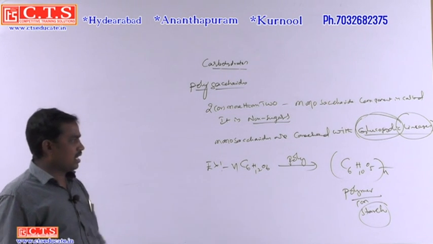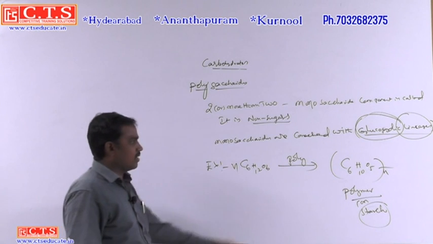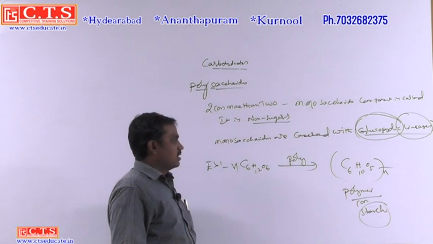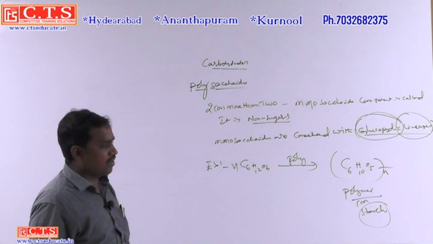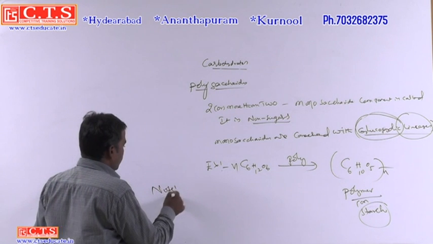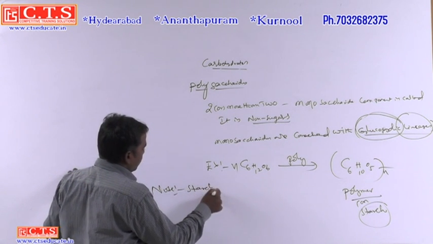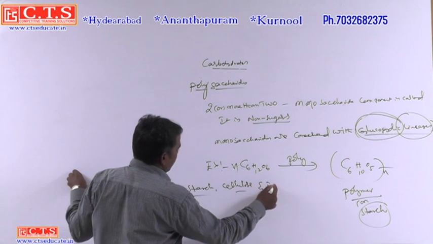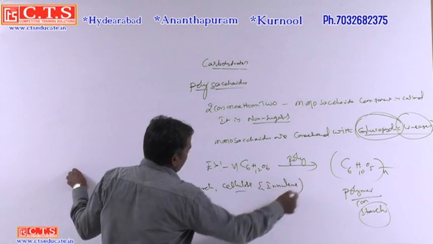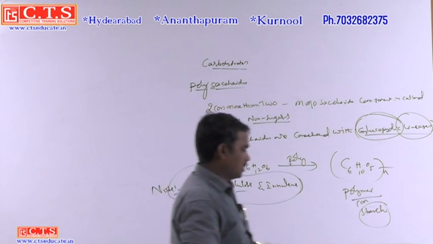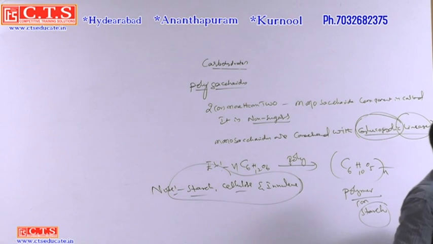All polysaccharides have the general formula C6H10O5 n number of. Starch, cellulose and inulin: these three sugars are polysaccharides.